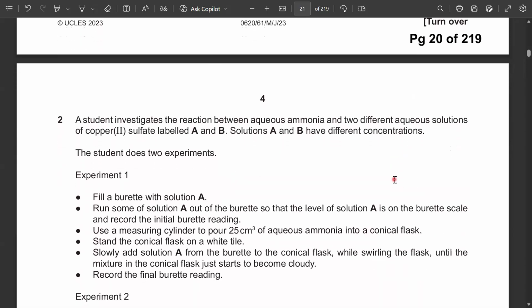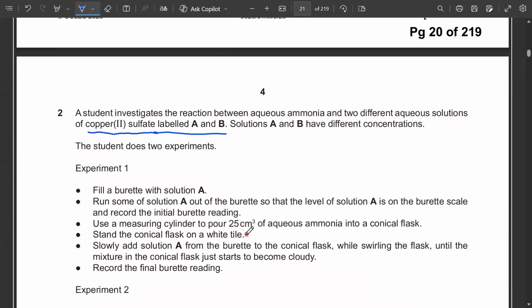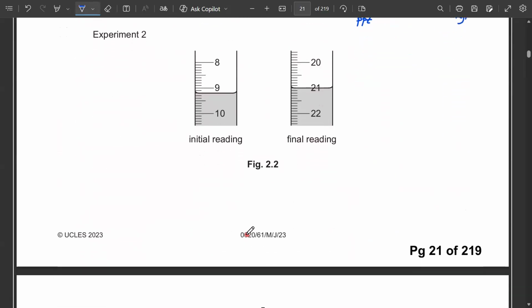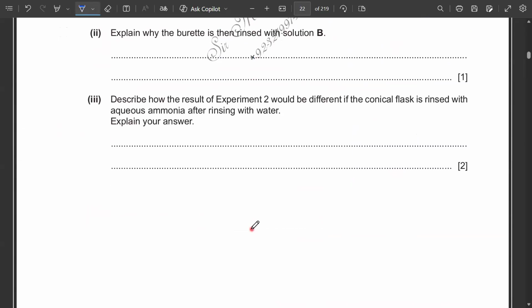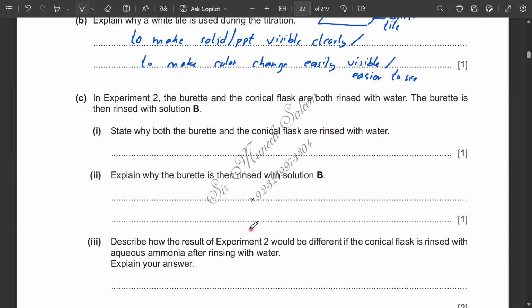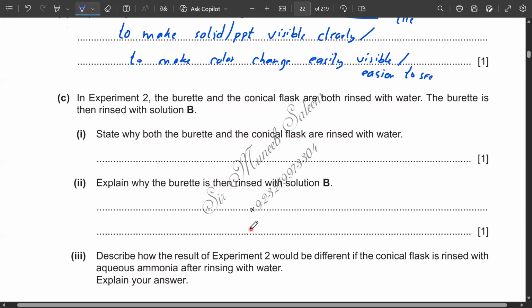So that difference in the amounts of the copper sulfate can affect our results. So we can say that we will be using the distilled water to clean the solution A. Clean means remove the solution of the experiment 1.